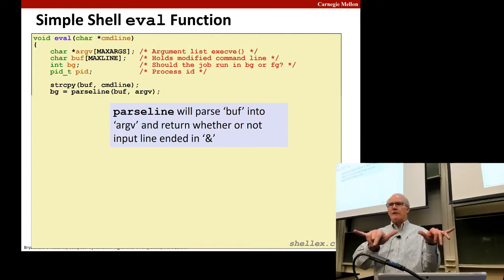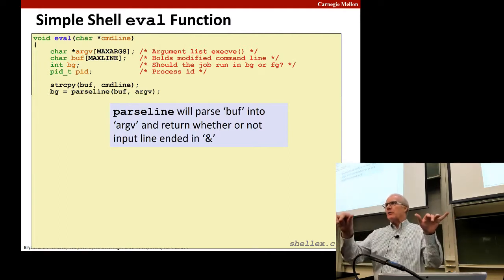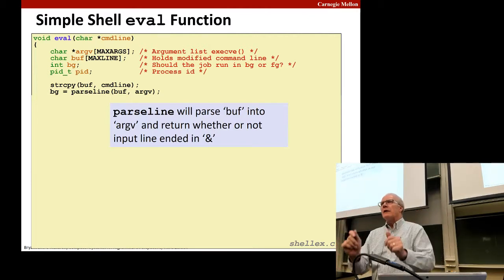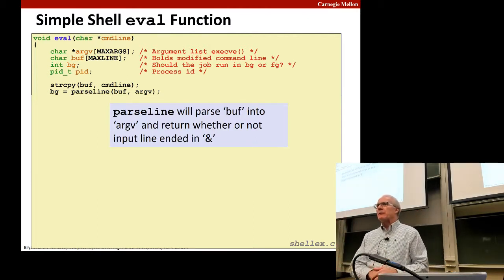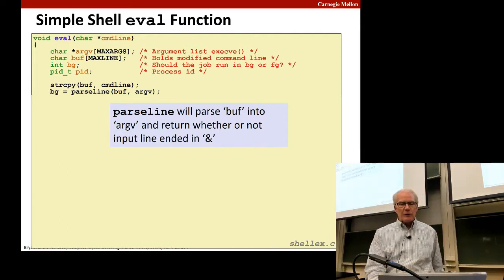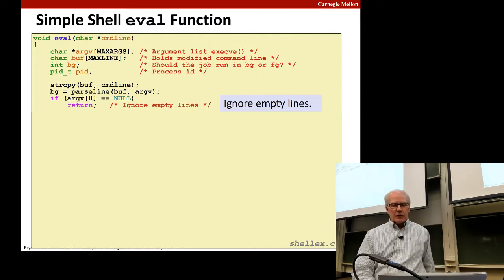Now the command line is broken into a series of separate strings, and I just have to create pointers to the starting places of those strings. I won't show the code for that, but you can imagine it's pretty easy to do.